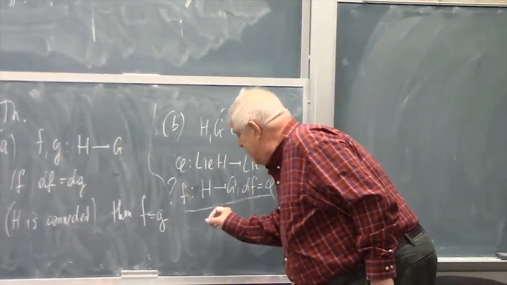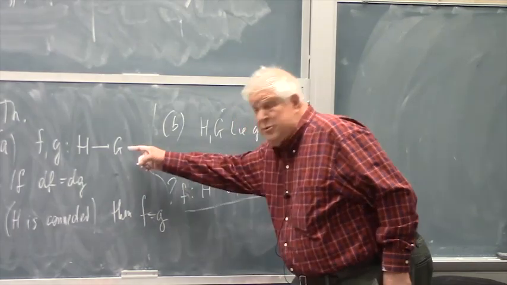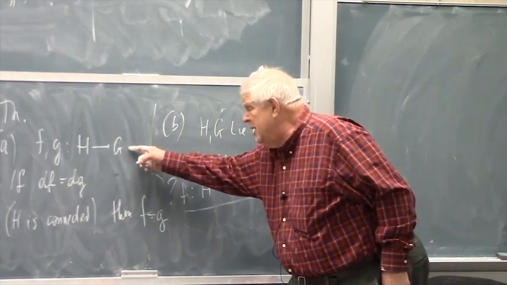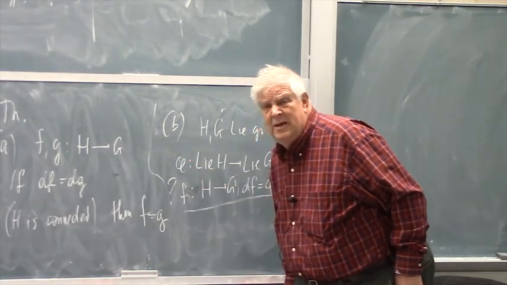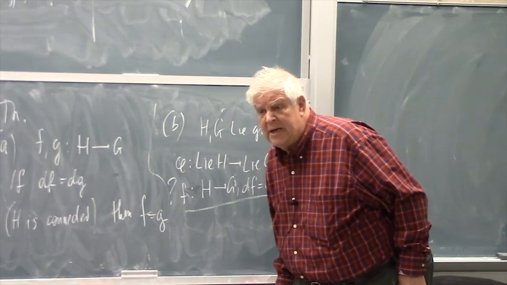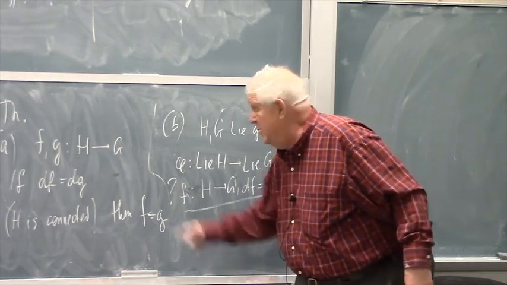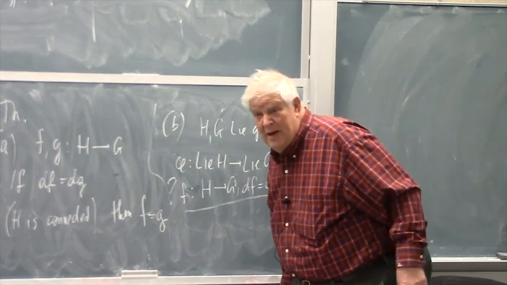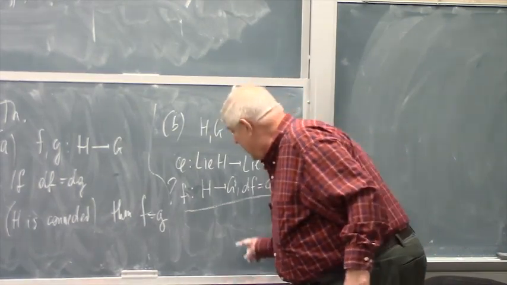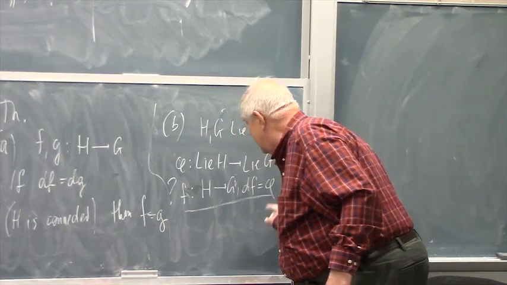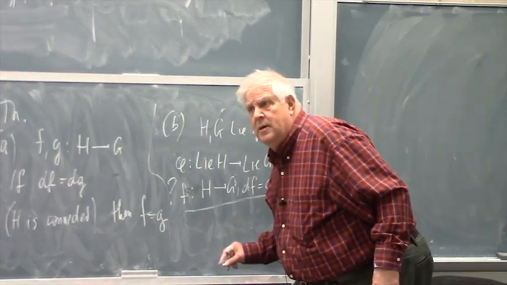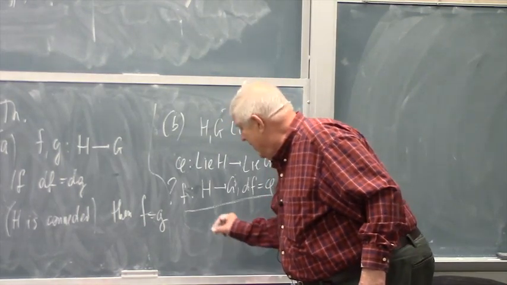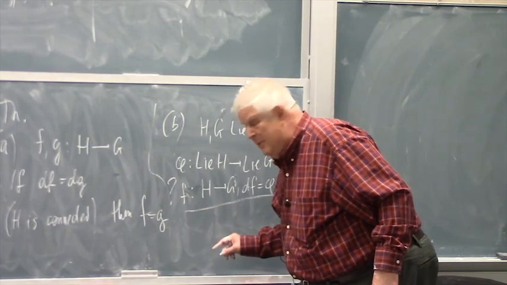Now, G also can be made connected, because for any homomorphism of a connected Lie group, its image will be within the component of identity in G. So G also can be assumed connected. It is not harmful. Now, I say three things. First, the right statement.